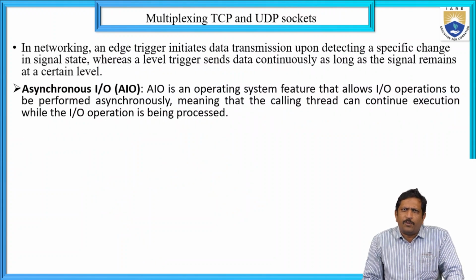Here in network programming, in computer networking, edge triggering initiates the data transmission upon detecting a specific change in a signal state. Whereas level triggering keeps sending continuously as long as a signal remains at a certain level.